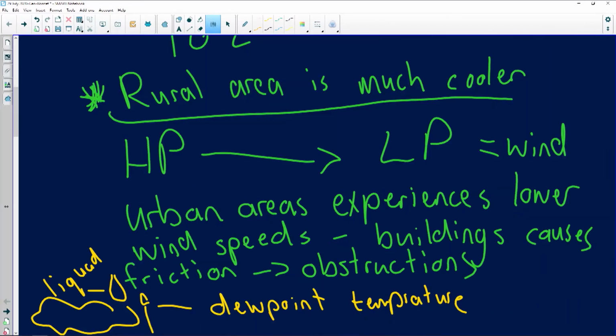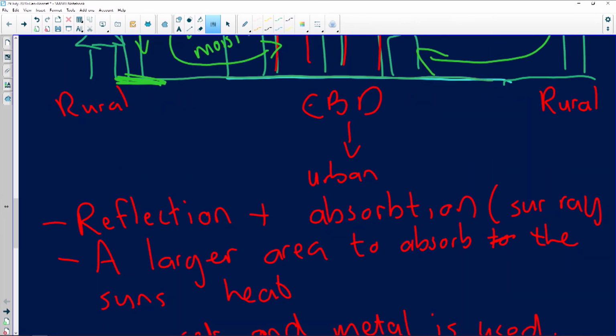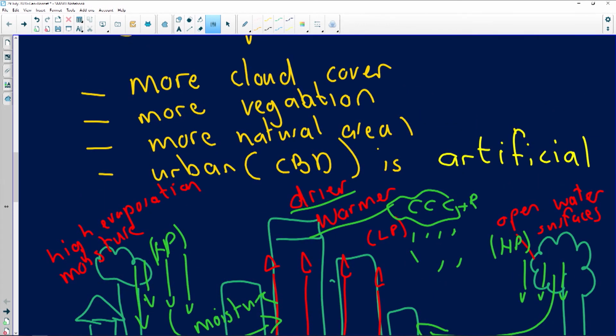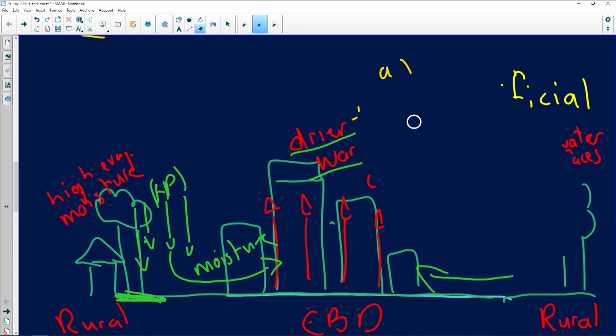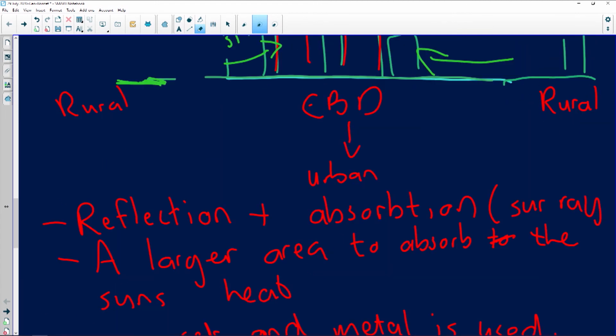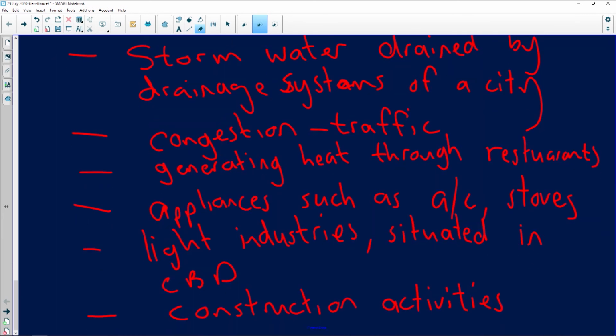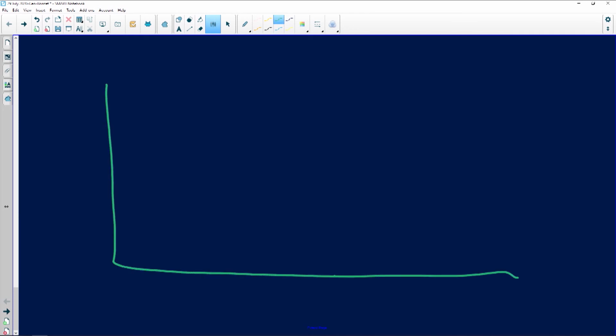If I had to draw a diagram, a cross section, I'll just wipe it clean quickly. If I had to show you what an urban heat island looks like, and put this on a graph. Apologies, I've written too much. So let's assume I need to draw an urban heat island. There's my urban profile, there's my urban area.